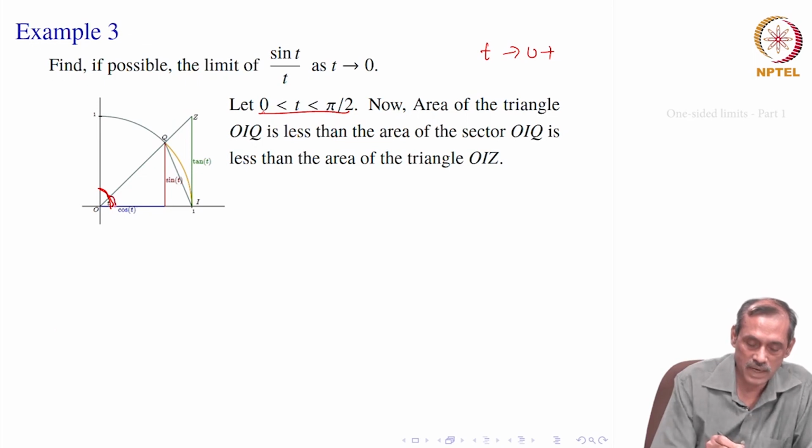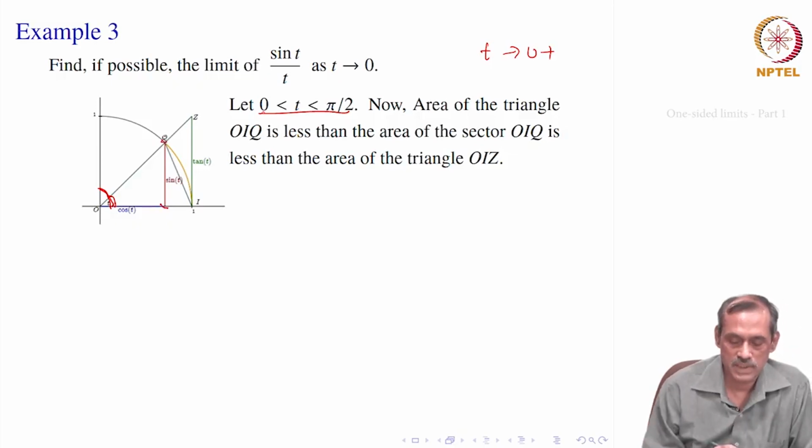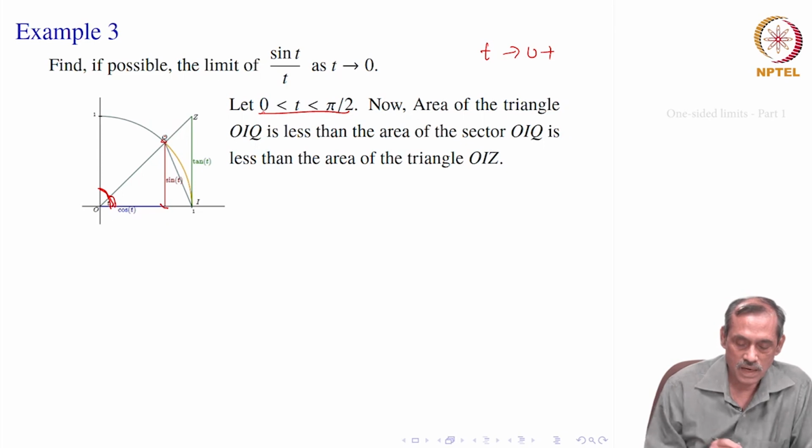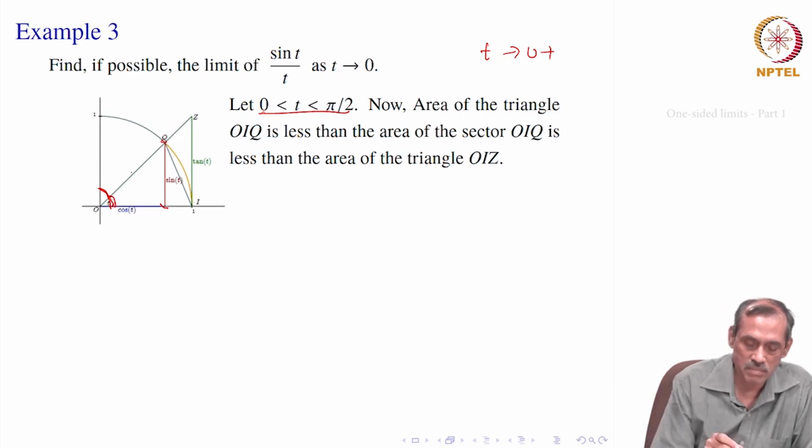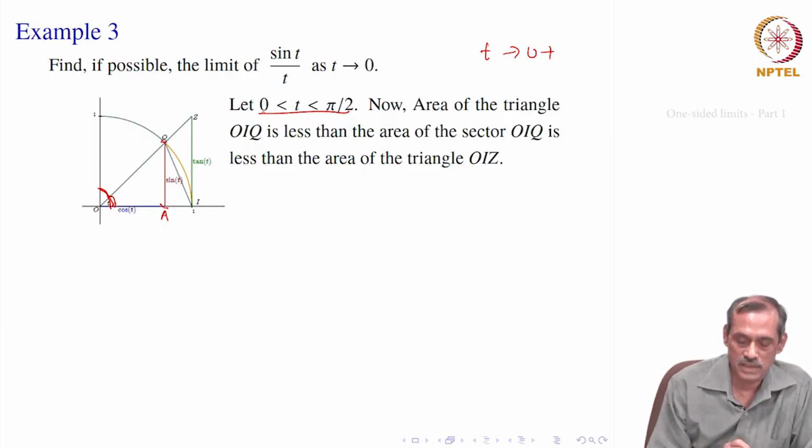Then since this is the angle T, sin T will be equal to the perpendicular, which is in red now, divided by OQ, which is 1. So, therefore, the length of the red line here is sin T, and cos T is its base divided by the hypotenuse. The hypotenuse is 1, therefore, O to this point, let us call it some A, O to A is cos T and Q to A is sin T.